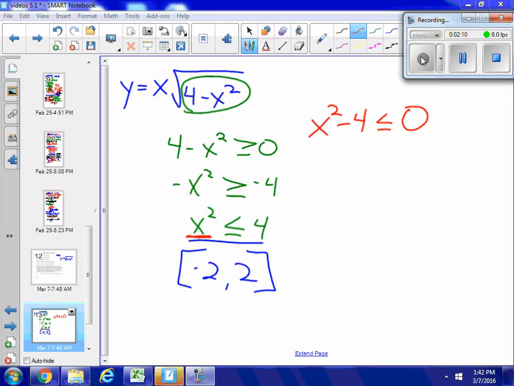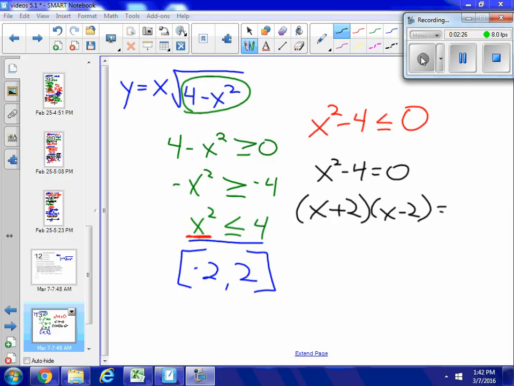Now, I start to solve this by asking, what is it when x squared minus 4 is equal to 0? I know that x squared minus 4 is x plus 2 times x minus 2. So it is going to be equal to 0 at negative 2 and at positive 2.